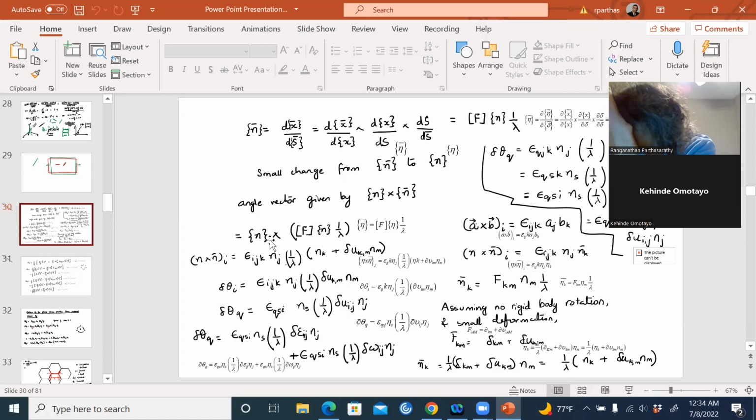Okay. j, k, n, j, n bar. Okay, so n bar is equal to dx by ds times ds by ds bar. dx by ds times lambda, which is F and 1 over lambda.